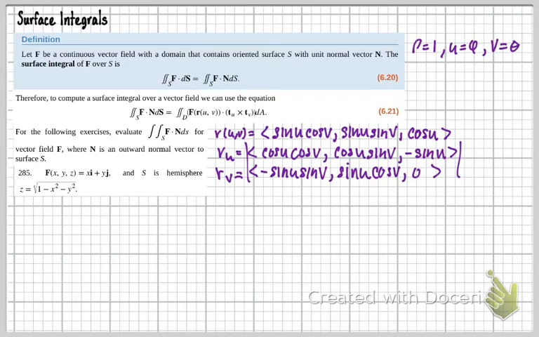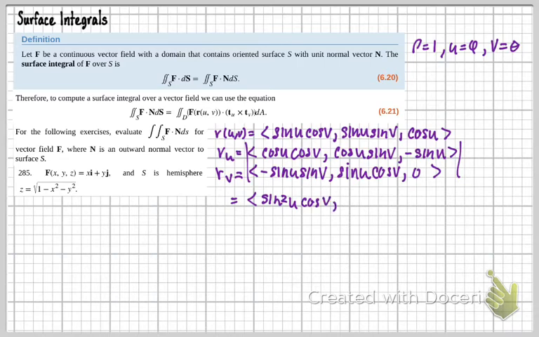Now let's cross them. So when we cross them, we're going to get our i, j, k here, and we're just going to run through them. So now for the first one, I'm going to get sine squared u cos v.